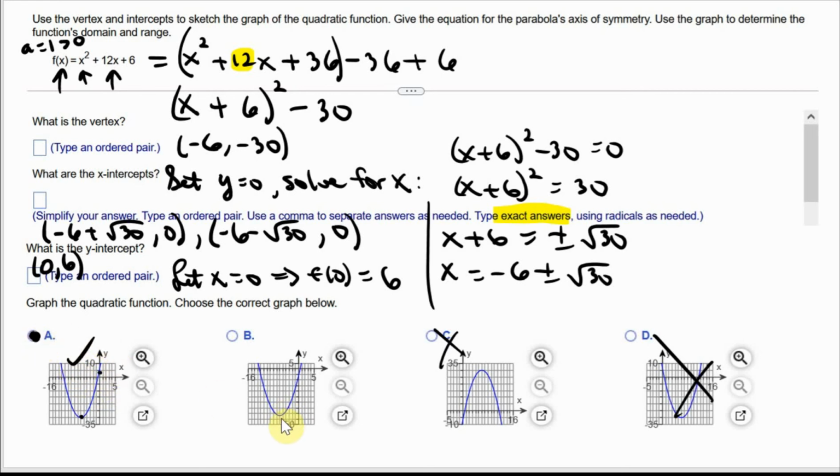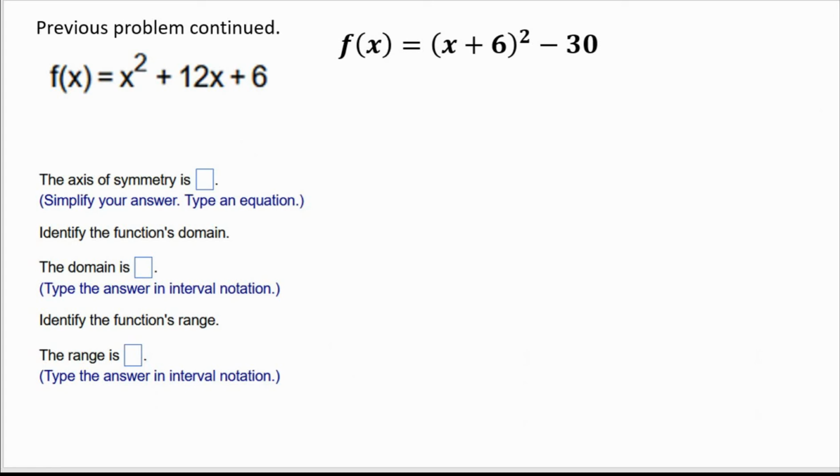See how this one drops down a little bit lower than negative 30 for B. And then the y-intercept is under the x-axis. Oh, no. Right? Kind of tricky. All right, that same problem, the axis of symmetry.